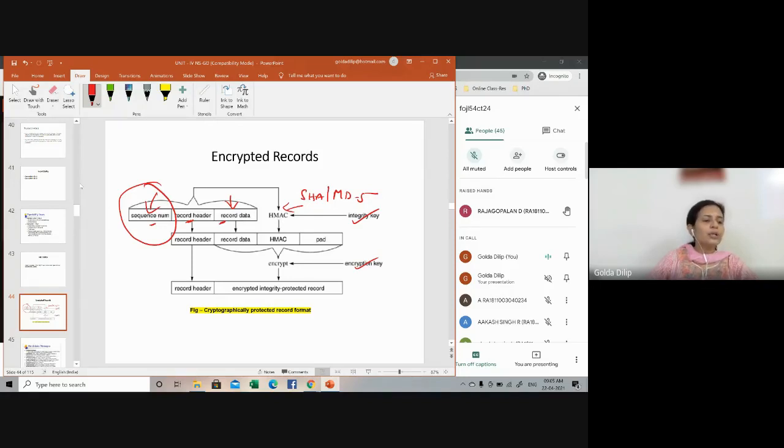Do you remember the purpose of the sequence number? We discussed it along with various parameters. The sequence number is for ordering and for taking care of replay attacks. SSL runs over the reliable Transmission Control Protocol.